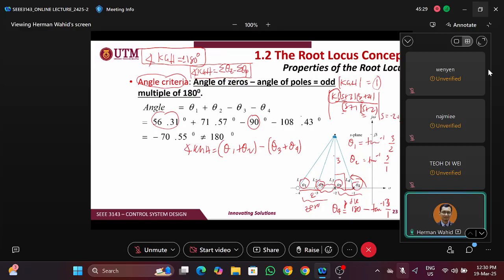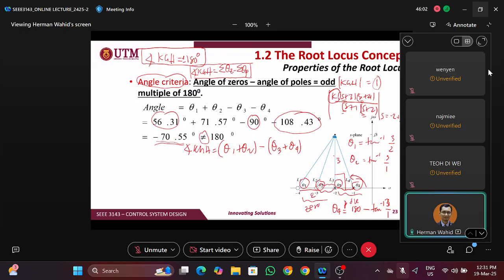Okay, so you get the 100, it should be greater than 90 degrees. So now this value is correct, 108.43. Overall, we sum it together and we got this value, which is negative 70, and it is not equal to 180, as what should be from the angle criteria here, 180 degrees.